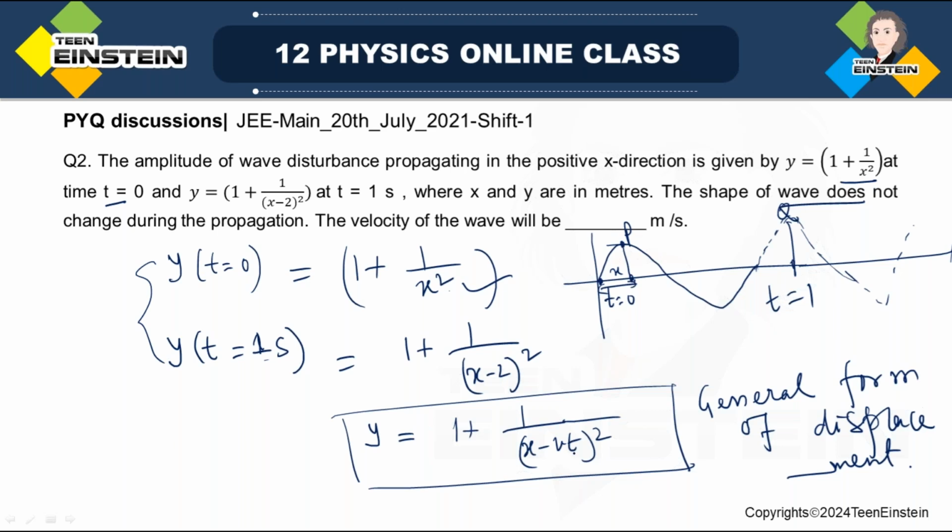If we put t is equal to 0, we get this one. If we put t is equal to 1, we get a form like this.